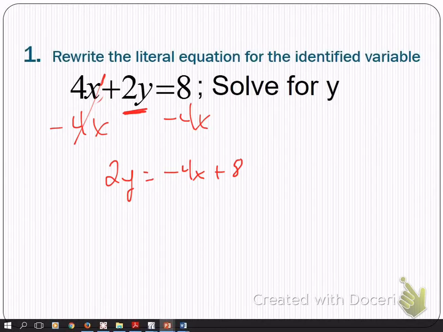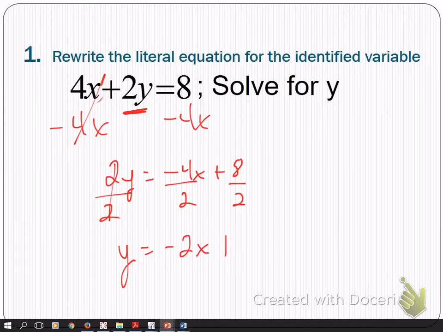Then we go back to our term that has the y in it, because that's the variable we want to get by itself, and we also have to undo the multiplication there. We undo multiplication with division, so we divide by 2 here and here. We get 1y, or y. Negative 4 divided by 2 is negative 2, and 8 divided by 2 is 4. So we end up with this.